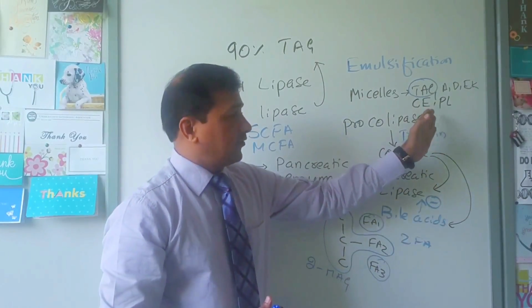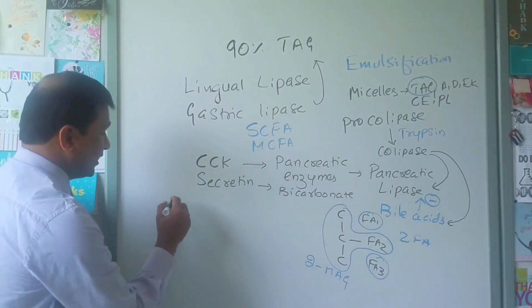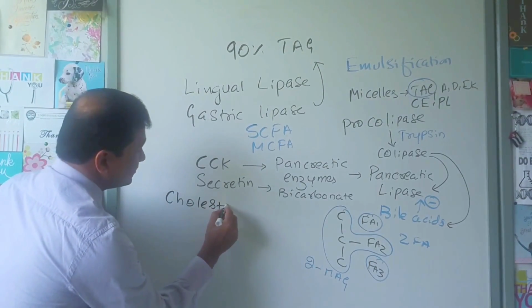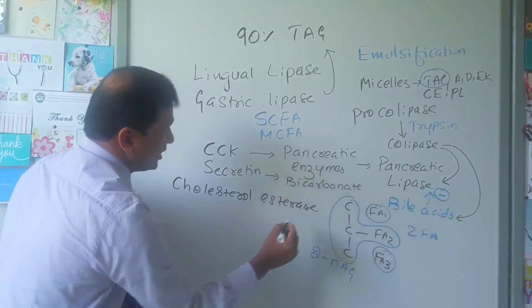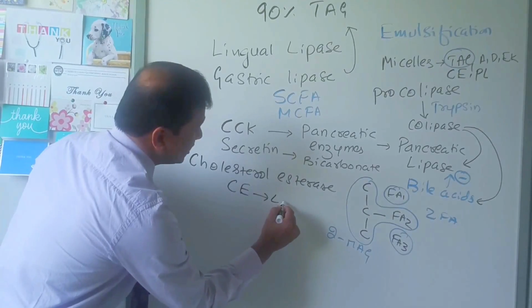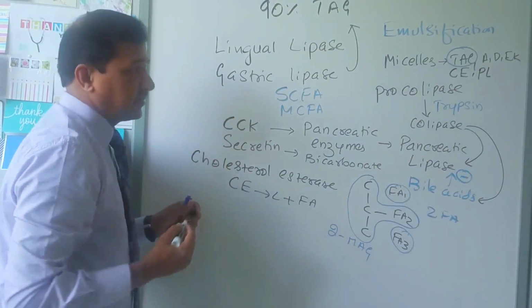Now who is going to take care of cholesterol ester? Cholesterol ester is digested by another pancreatic enzyme called cholesterol esterase. So what does this cholesterol esterase do? It's going to convert cholesterol ester into cholesterol plus fatty acid, and that will be going on in the micelle.